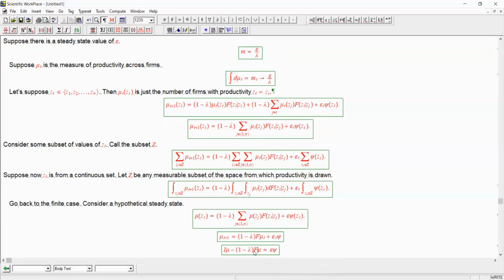And factor out mu. So the steady state mu is going to be, well, just multiply both sides of this by the inverse. And we're done. That's how we're going to find the steady state value of mu in the finite case.